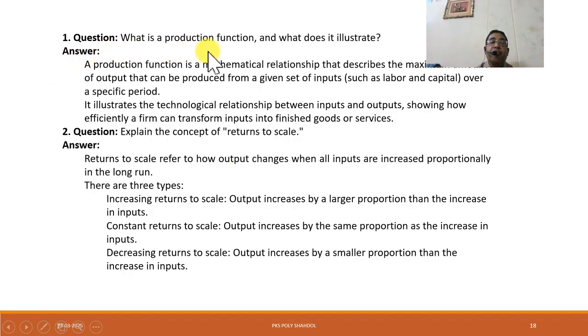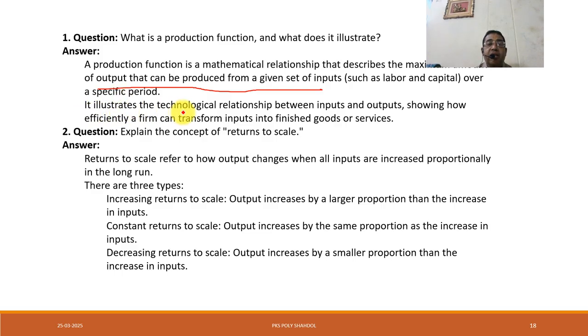What is a production function and what does it illustrate? A production function is a mathematical relationship that describes the maximum output that can be produced from a given set of inputs such as labor and capital over a specific period.